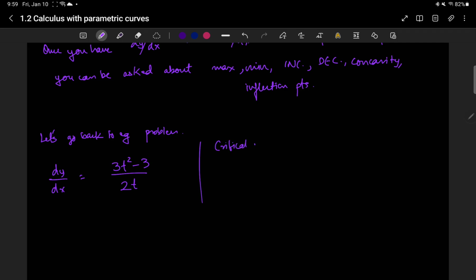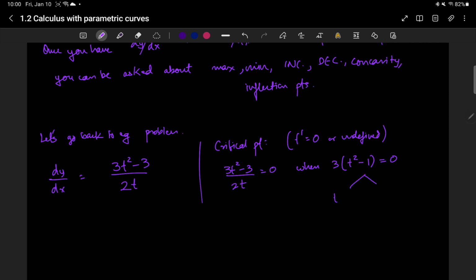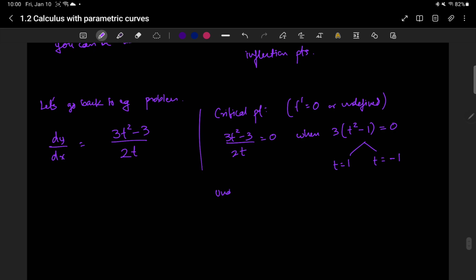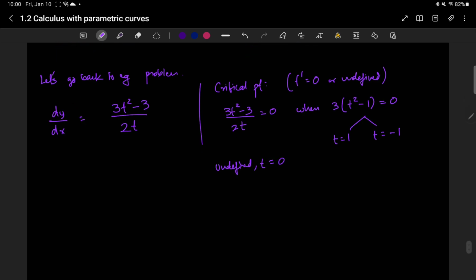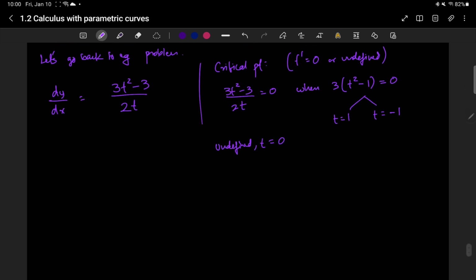Critical points are when the derivative is 0 or undefined. So we have 3t squared minus 3 over 2t equals 0 when the numerator is 0, and that happens when t is 1 and t is negative 1. And it is undefined when t is 0, because that makes the denominator 0.